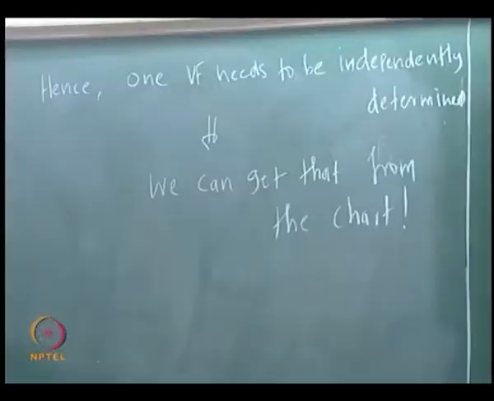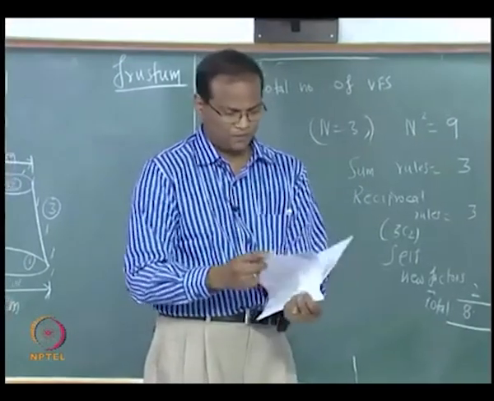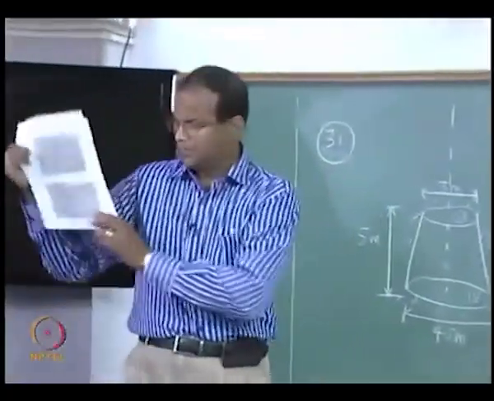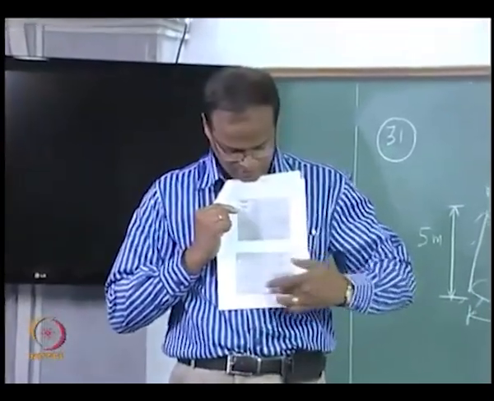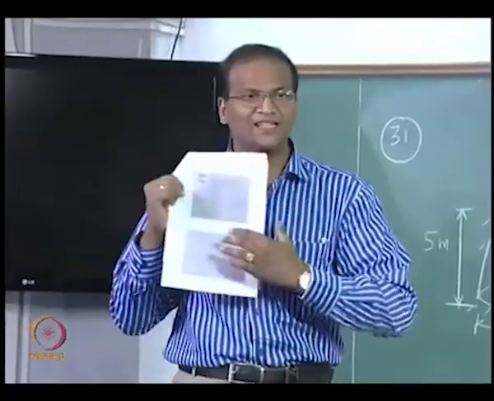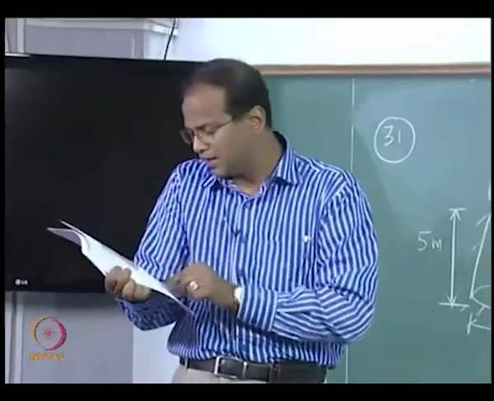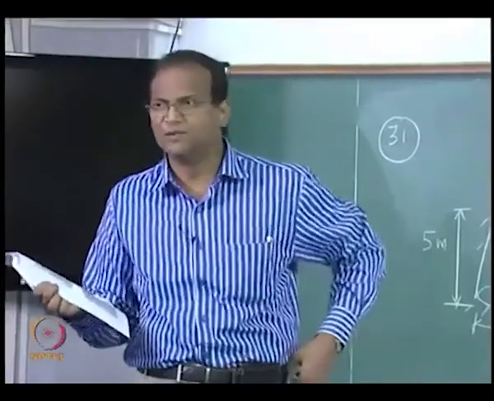So if you look at the chart, the chart is given like this. View factor for coaxial parallel disks. Ri and Rj are the radii of the two respective disks and the height is given as L, that is the separation distance between them.